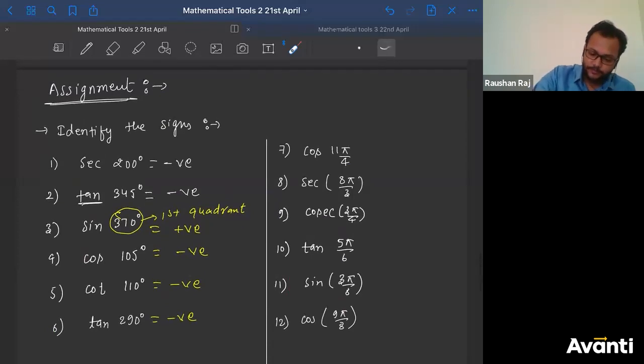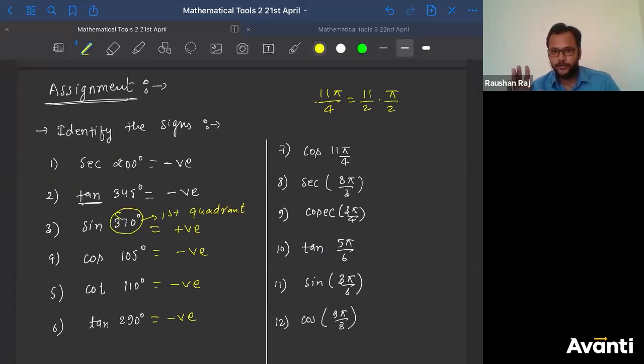Why? Look, can I write 11 pi by 4 as 11 by 2 into pi by 2? Guys, let me know if you understood this. 11 pi by 4 can be written as 11 by 2 into pi by 2. Can I write like this? Let me know yes or no. Yes, good.